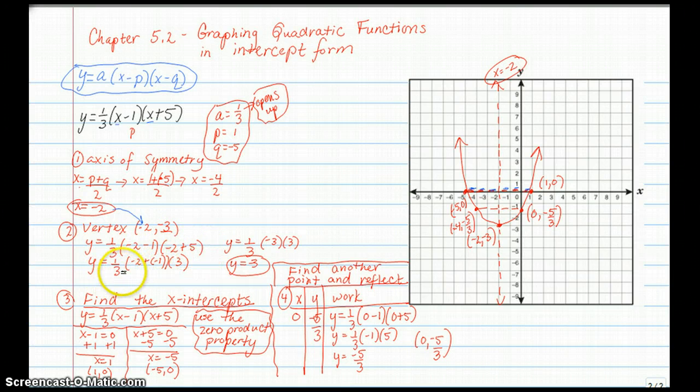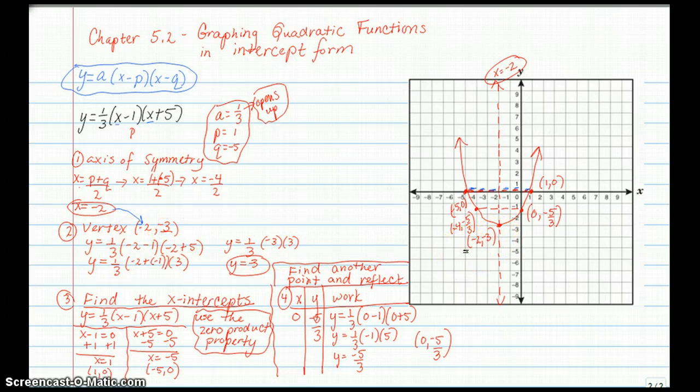So y equals 1/3 times negative 2 plus a negative 1. Negative 2 and 5 is positive 3. Coming over here, y equals 1/3 times negative 3 times 3. Negative 2 and negative 1 was negative 3. Negative 3 times 3 is negative 9. A third of that, that's like dividing by 3, is negative 3. So it's (negative 2, negative 3), which you can see here.